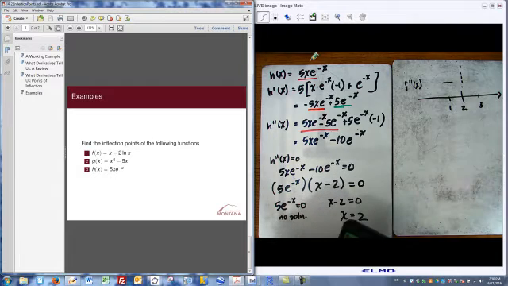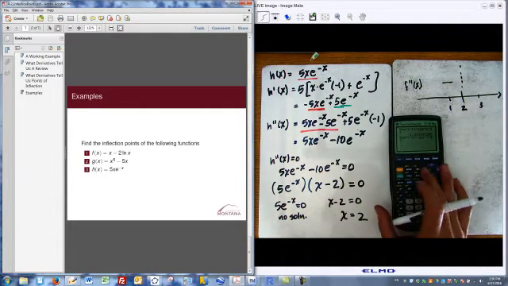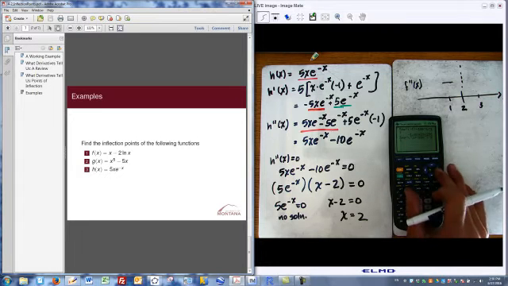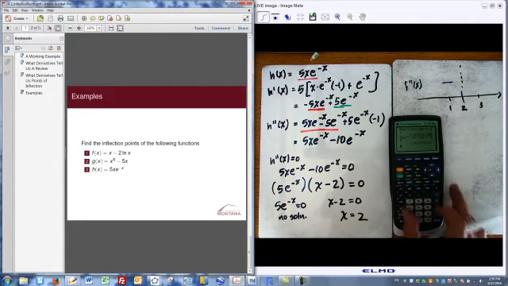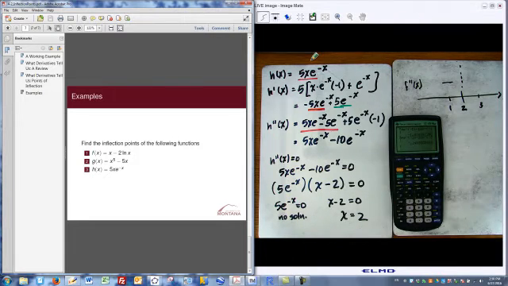Let's take a look at what happens when I change that to 3. And we'll see what happens there. And there I get a negative value as well. Let's see. Oh, I see what I did wrong.